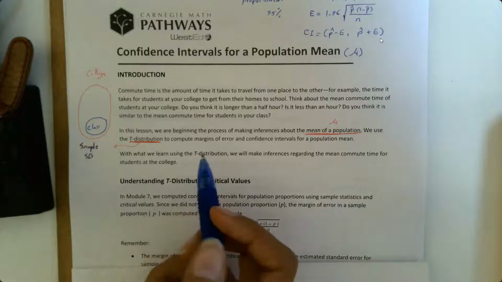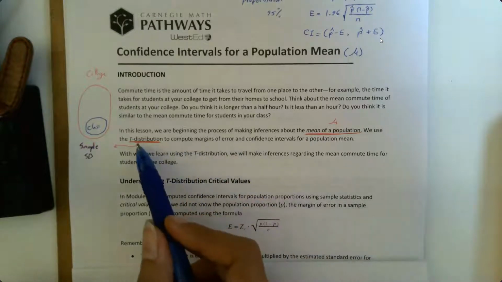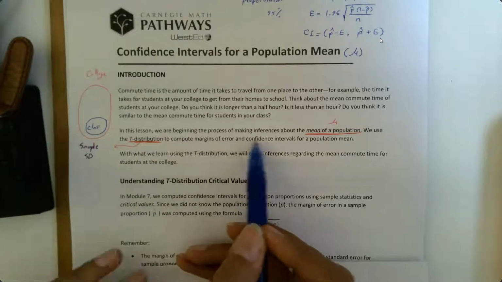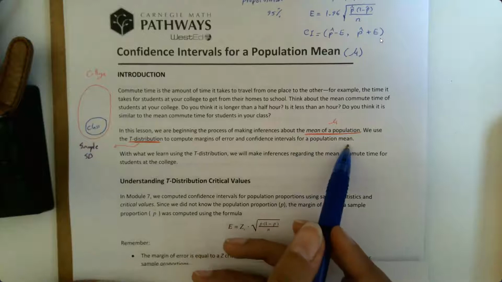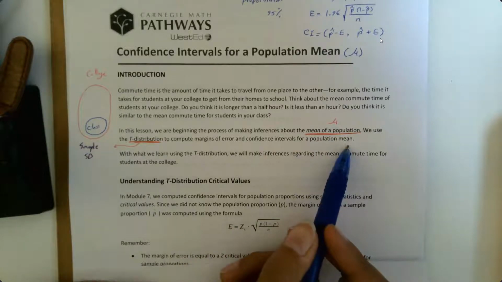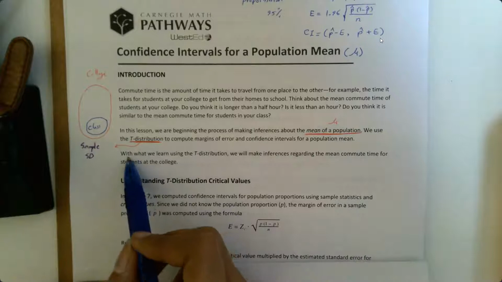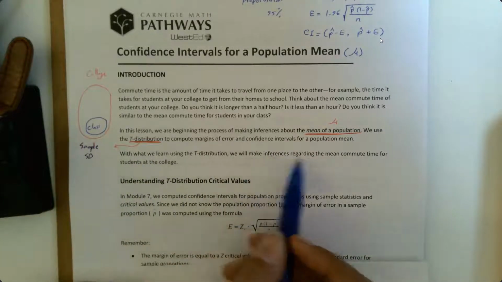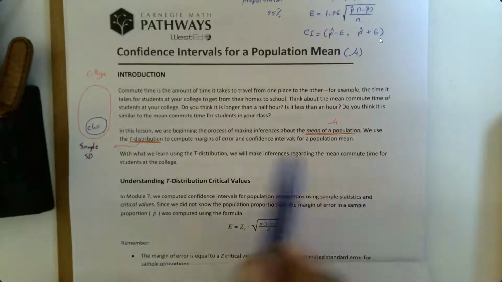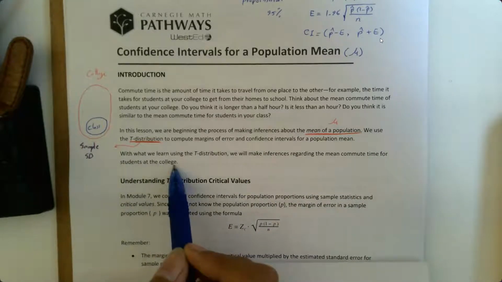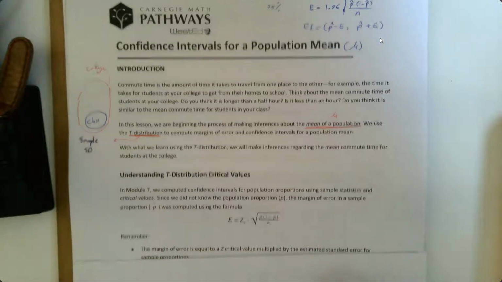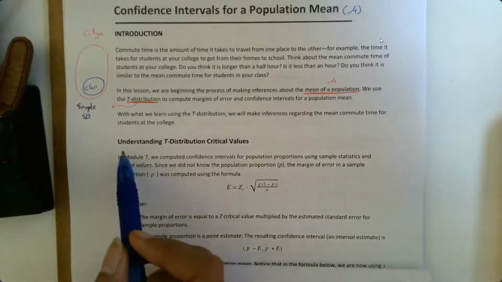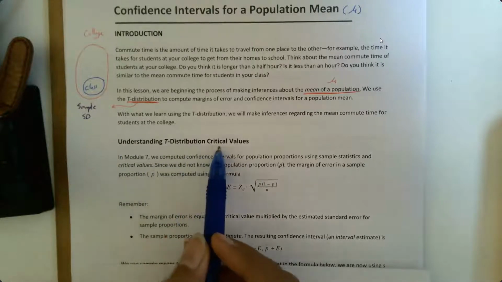Okay, let us continue. We use the t-distribution to compute margins of error and confidence intervals for a population mean. With what we learned using the t-distribution, we will make inferences regarding the mean commute time for students at the college. Understanding t-distribution critical values.